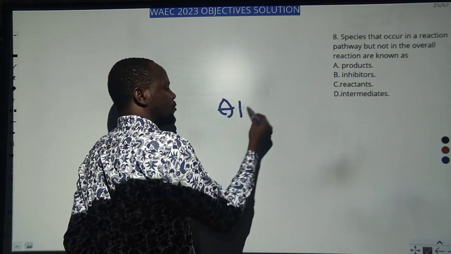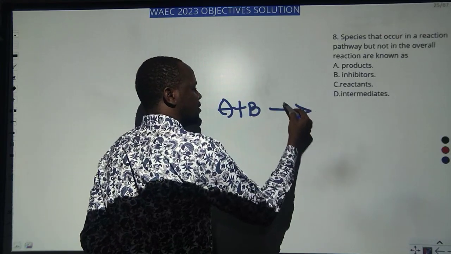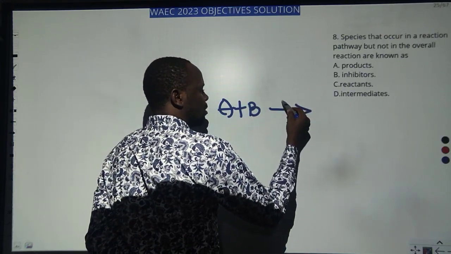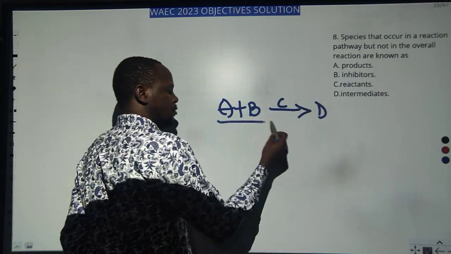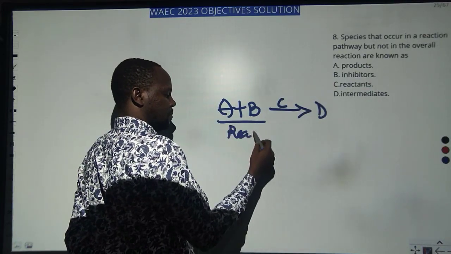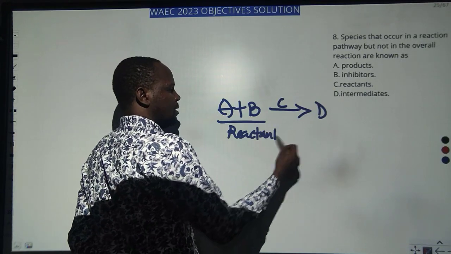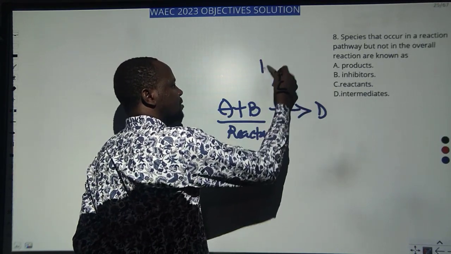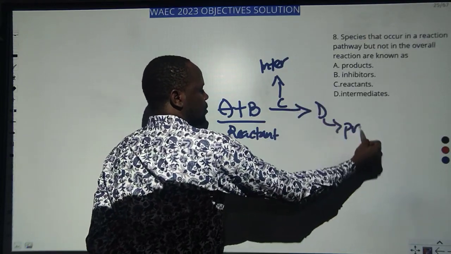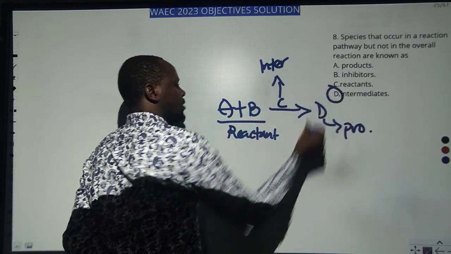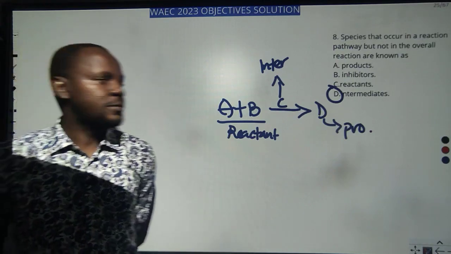If we have A plus B, then it's giving you, there's a bus stop, let's say, it's giving you C, then D is the final product. A plus B we call the reactant. This guy is called the intermediate. And this guy is called the product. So don't let us waste time. This is perfect, and we can move on.